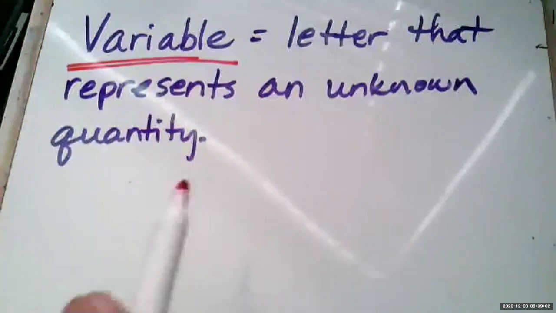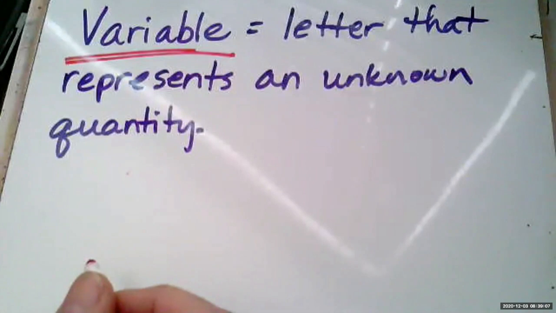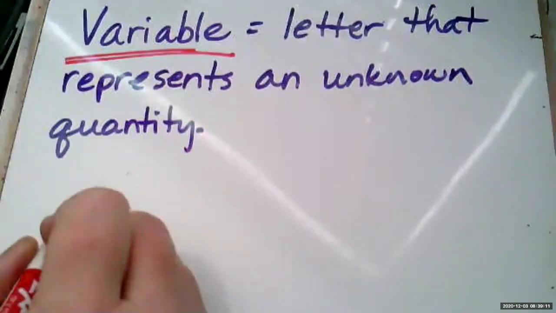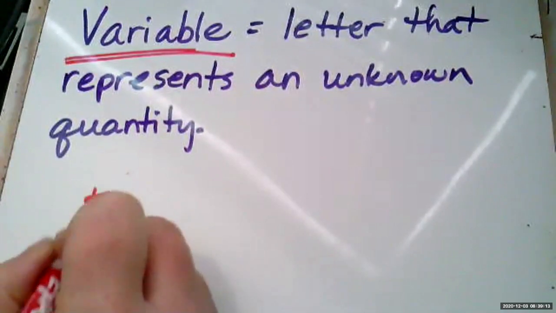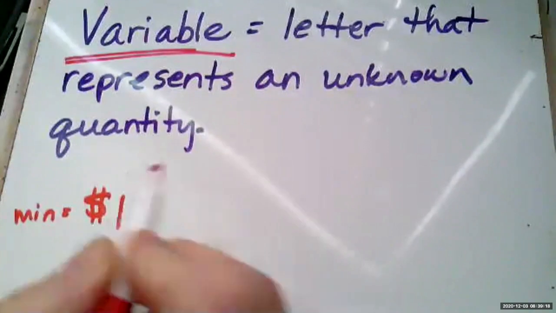All right, I'm going to tell a few stories today, and just bear with me here. Let's say minimum wage in California is $13 an hour.